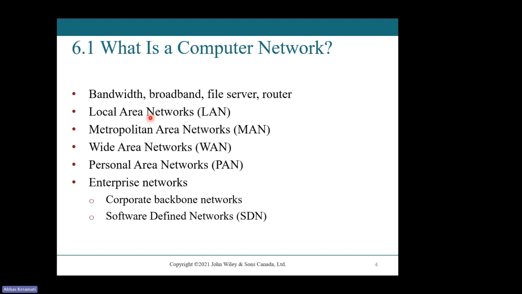Then we have a local area network. If it's more than one building, then it's called a wide area network. For example, a school's campus-wide network is called a wide area network.